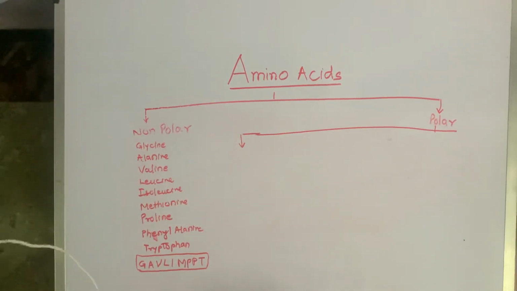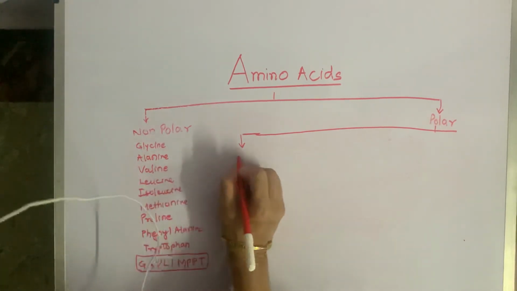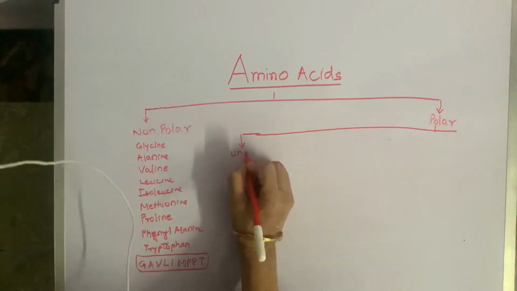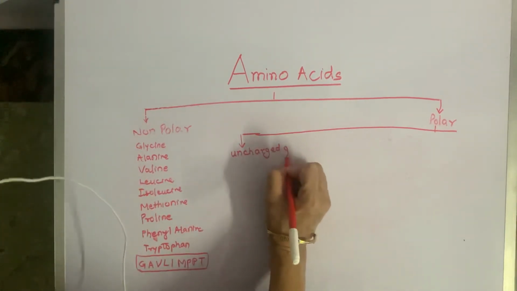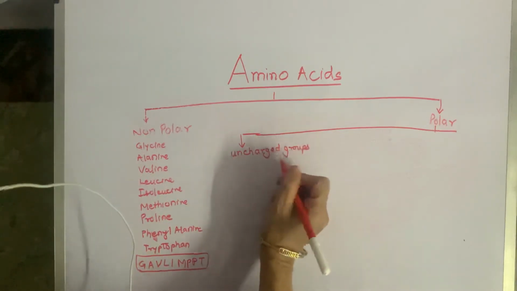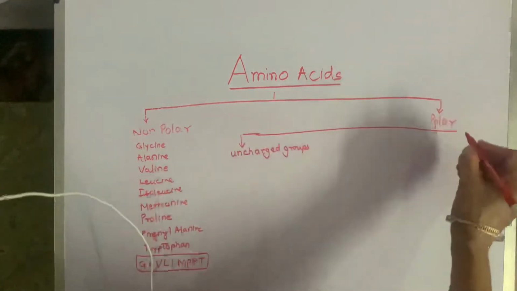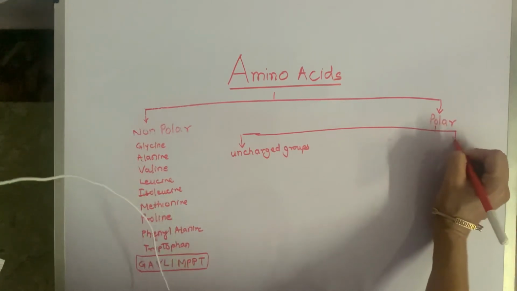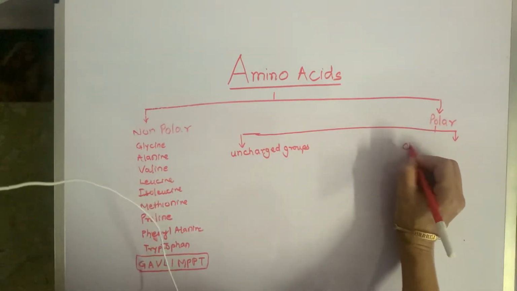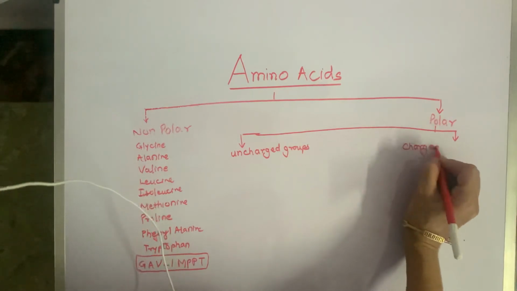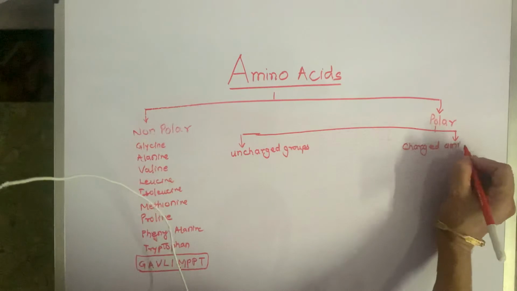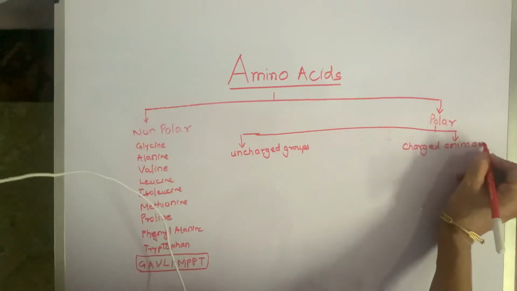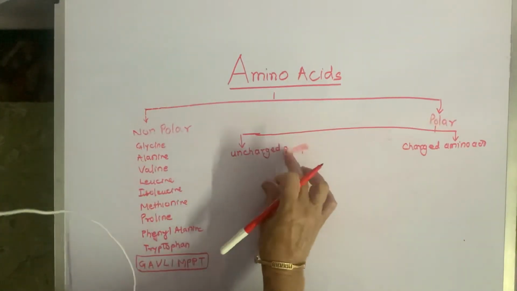Now, coming to polar amino acids. The polar amino acids can be uncharged amino acids, or charged amino acids, that is, amino acids with charged groups.